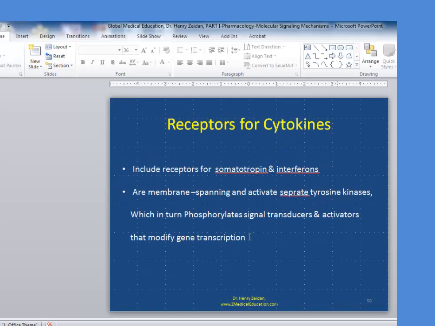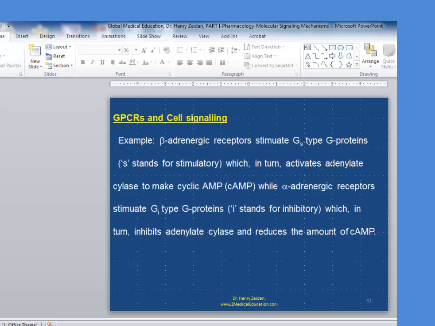Last but not least, you already have the receptors of cytokines. We already addressed this, so you're talking about a complex, a coupled protein, tyrosine kinases, along with other hormones like GF, steroid hormones, for instance, and function to activate transducers, activators to modify genes. With that, we very much completed what we like to say about molecular signaling.